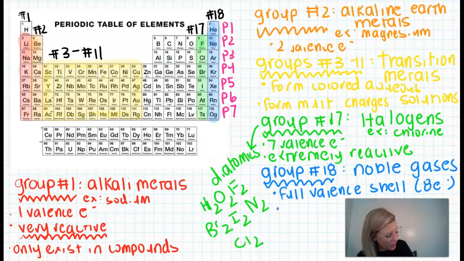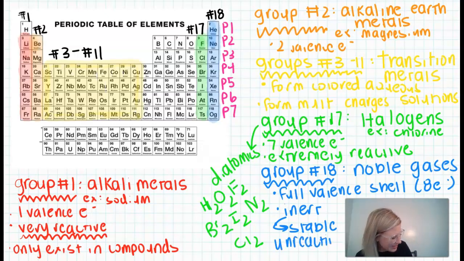They are what we call inert, which means that they are stable and unreactive. Okay? And the last thing to note is that these are the only things that exist as monatomic in nature. Monatomic.